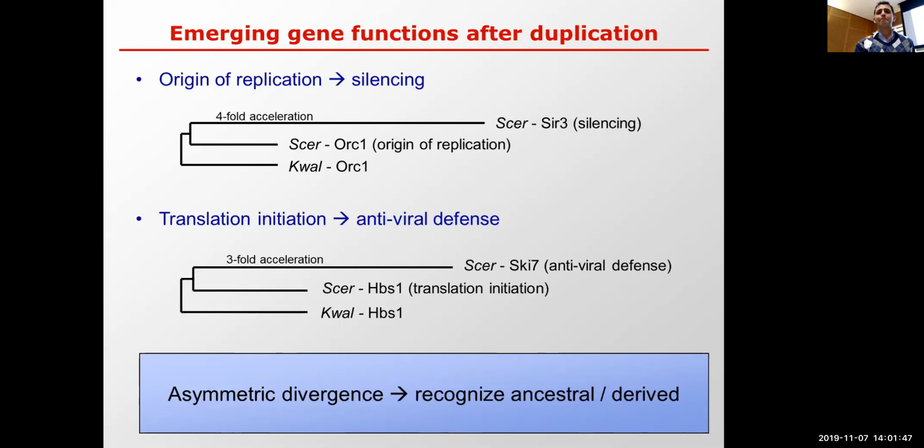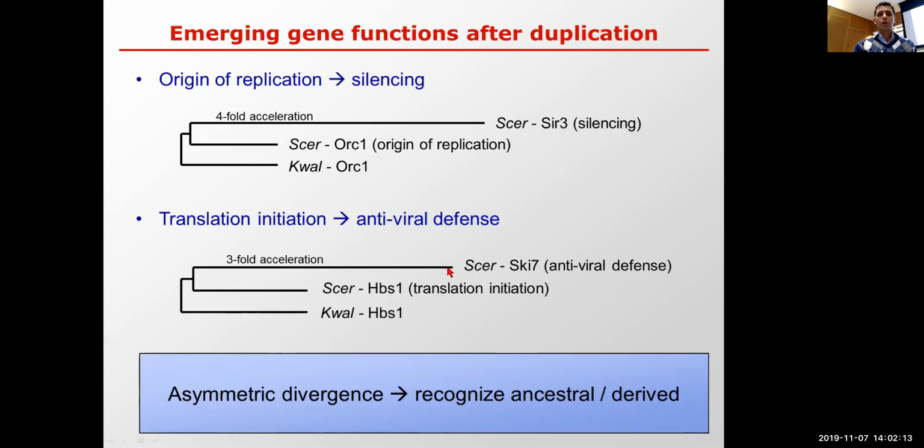Everybody with me? So in this example, ORC1 and SIR3 are two genes, one involved in silencing, the other one involved in origin of replication. We can now infer that, in fact, the origin of replication complex is probably the ancestral version, and the silencing is probably something that evolved from it with a fourfold acceleration.